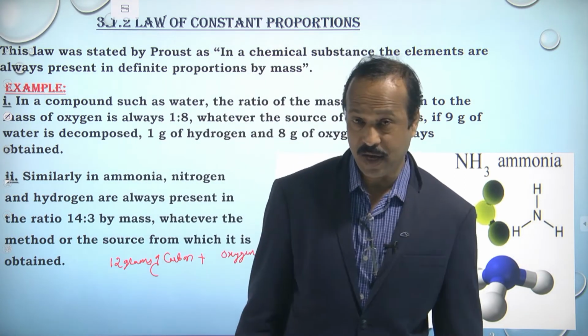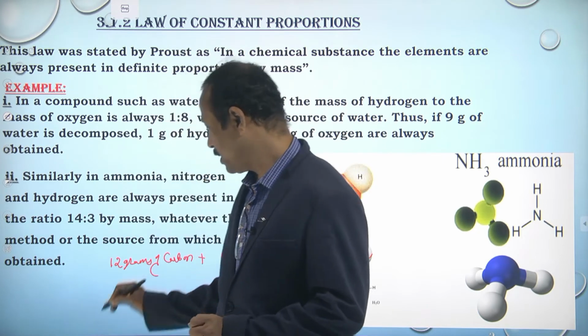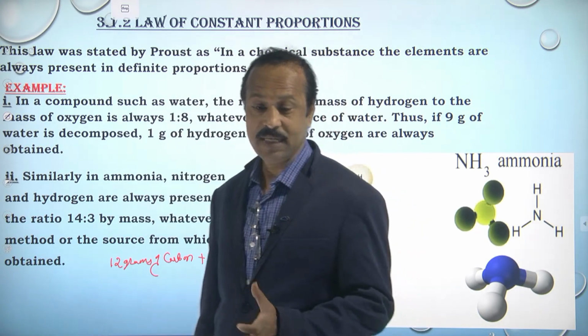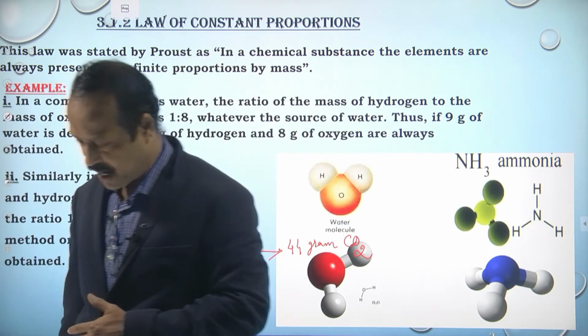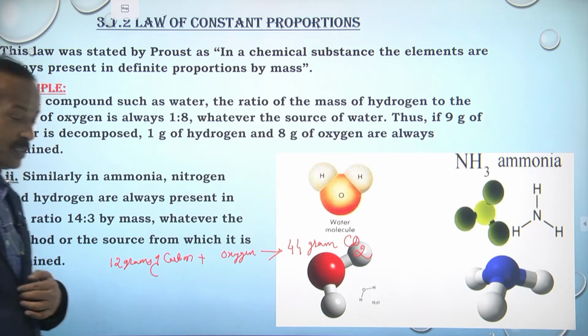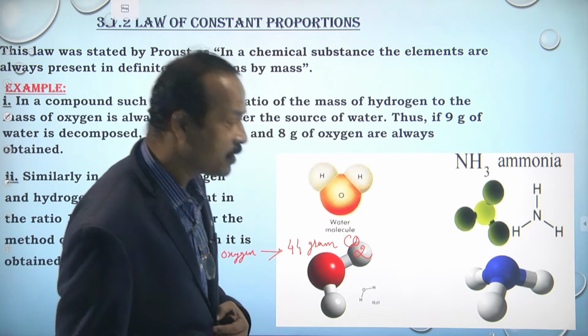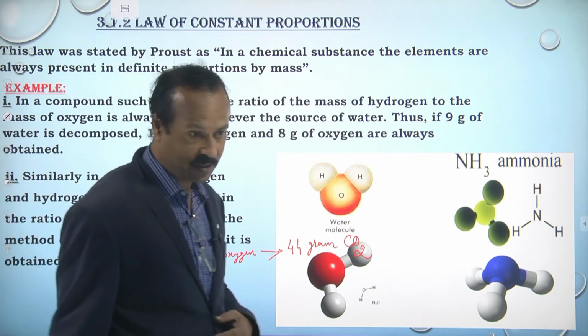Now you say that 12 grams of carbon is utilized. Okay, how much amount of oxygen from the atmosphere? 32 grams. Very good. Okay, so how did you get this 32 grams?